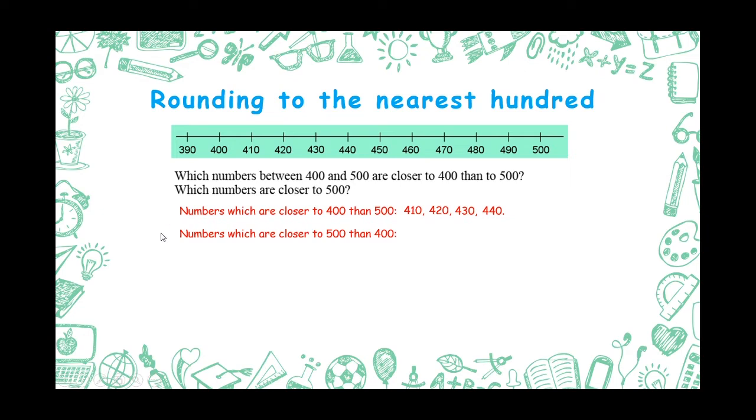Now we'll do the next question. We need to find the numbers which are closer to 500 than 400. So which ones are closer to 500? We know these ones are closer to 400. Which ones are closer to 500? That's right, 490 is closer to 500.